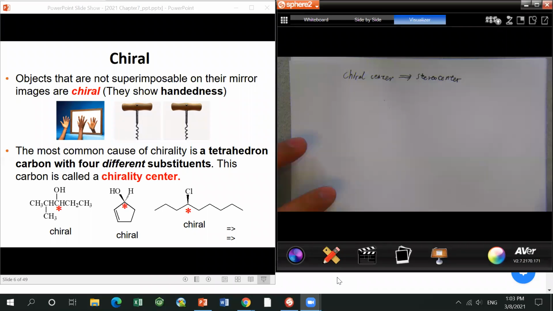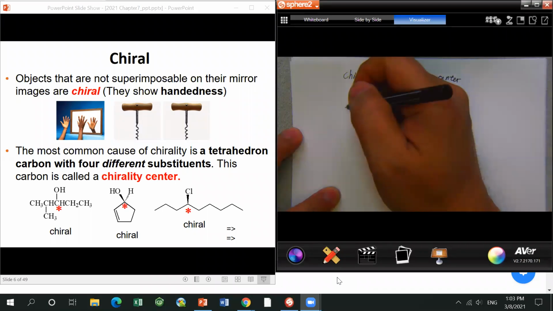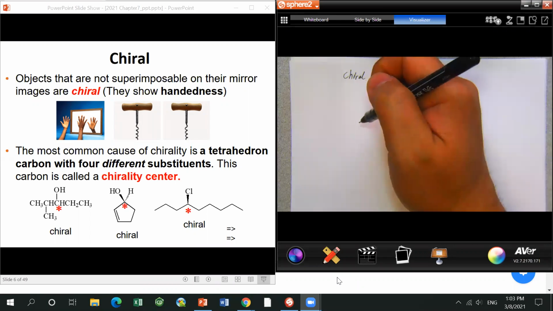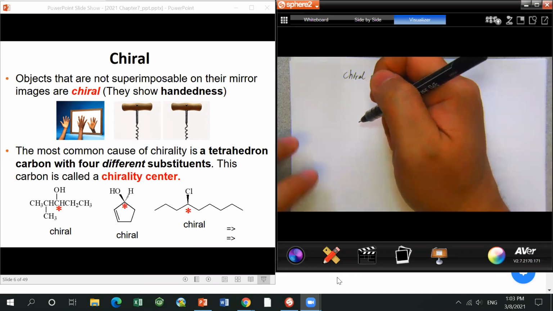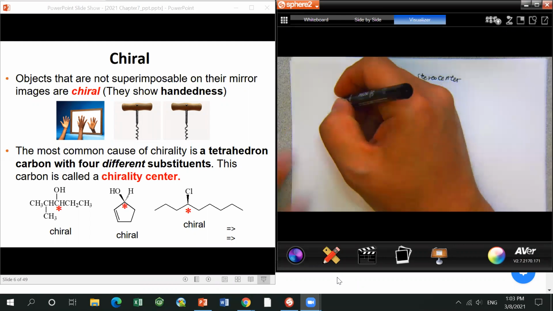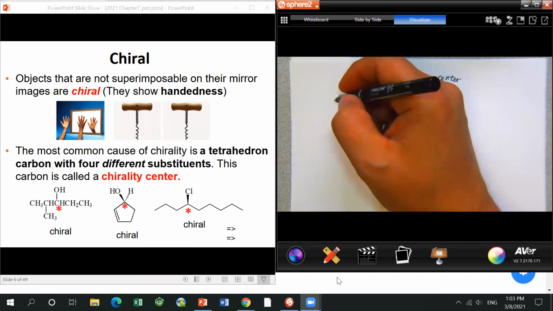One common type of question I'll show in future exams and quizzes is to give you one molecule and ask you to identify all the chiral centers.